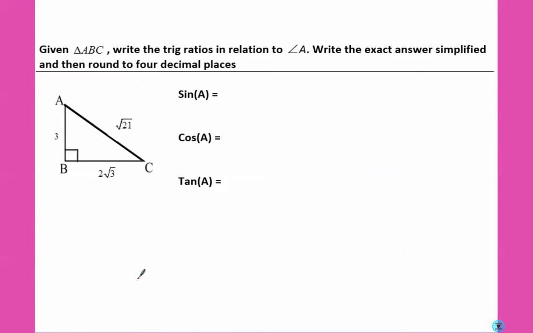So now let's look at some trig ratios where we need to simplify our answers. So remember that sine is opposite over hypotenuse, cosine is adjacent over hypotenuse, and tangent equals opposite over adjacent.